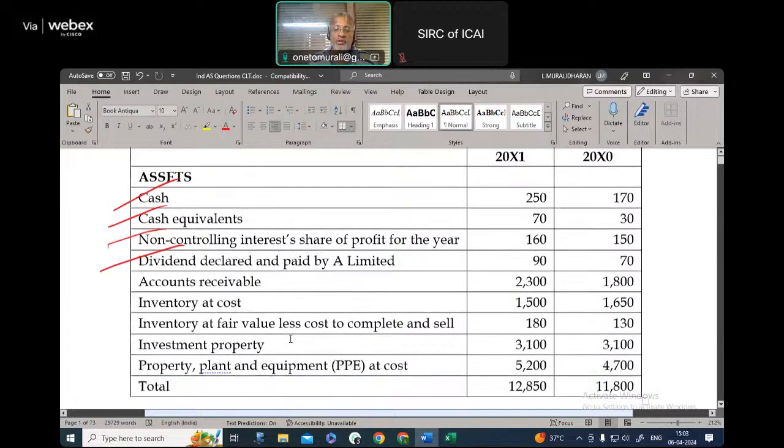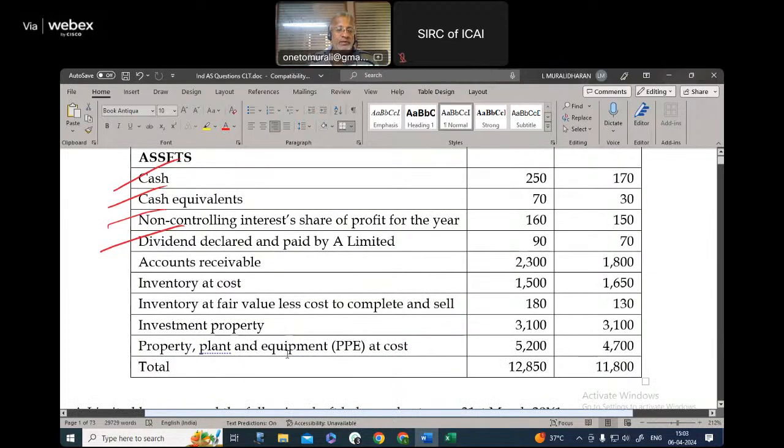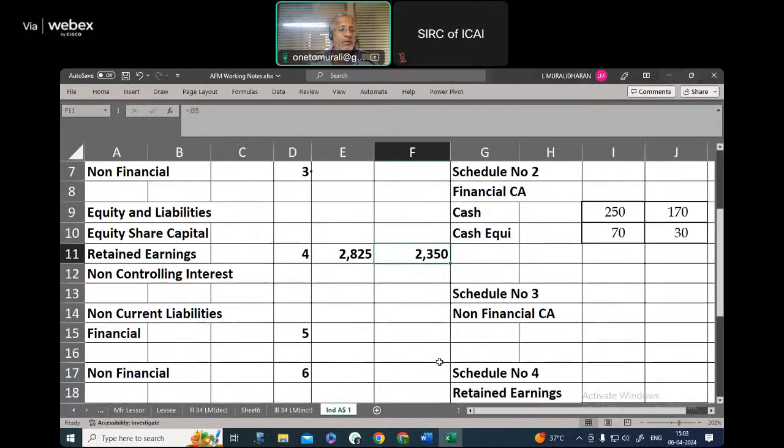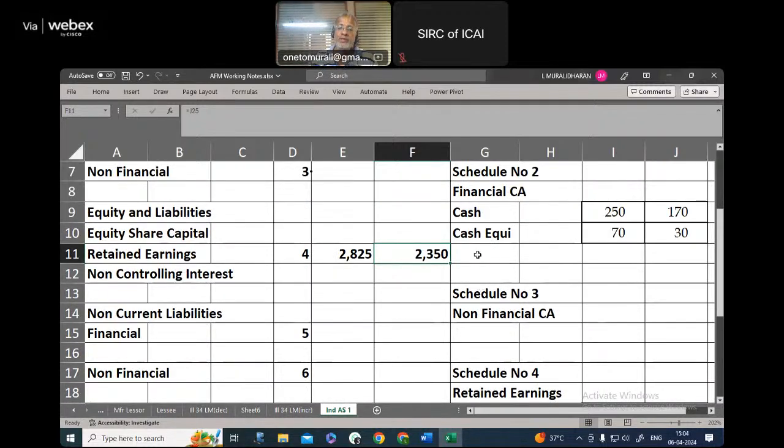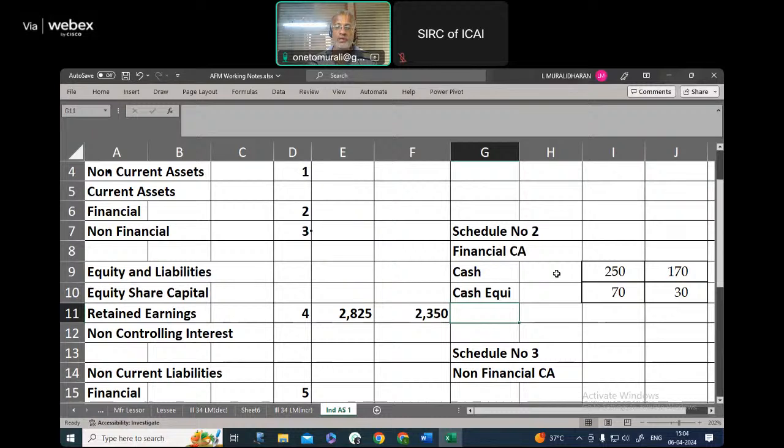Now accounts receivable we are expected to take up. So that will come under schedule number 2. Under that we will have accounts receivable.